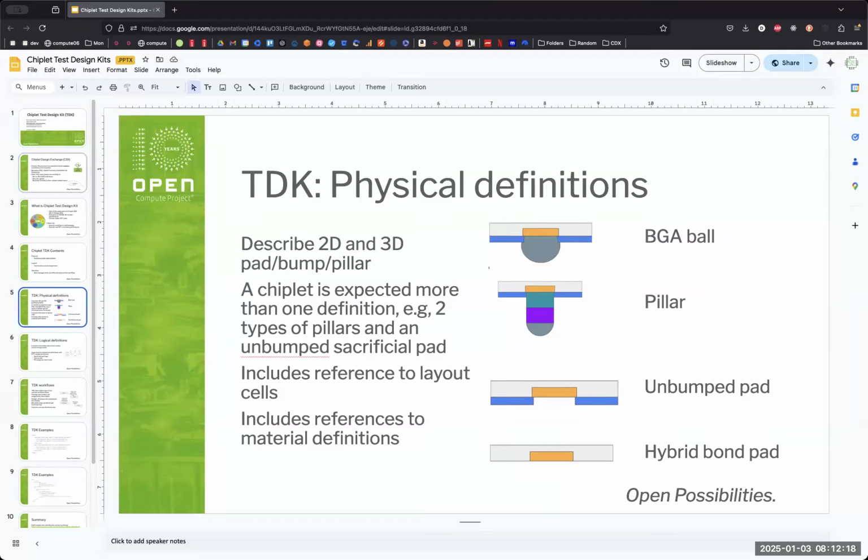From the two, one can derive where are the sacrificial pads that need to be probed at wafer level. And then when you're shipping the final product, you can scrub those sacrificial pads from the definitions and ship only the bump pad locations.